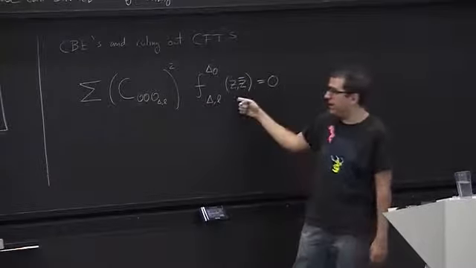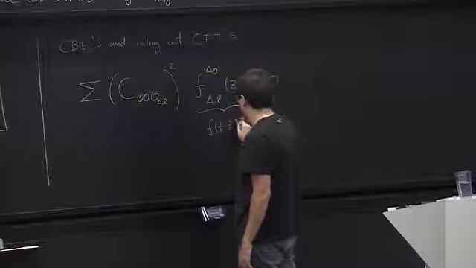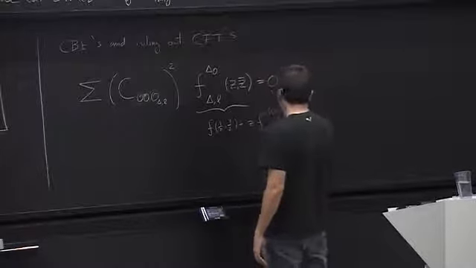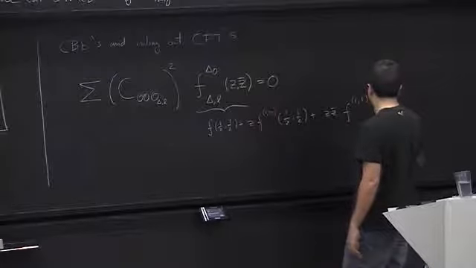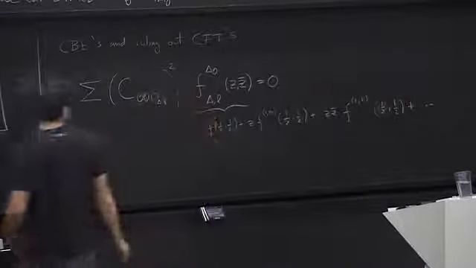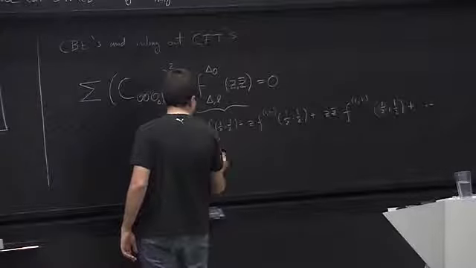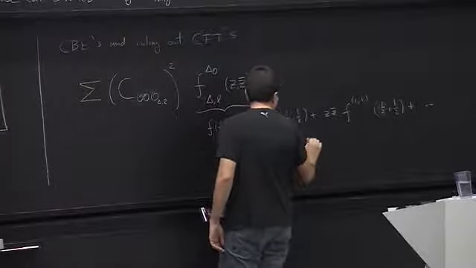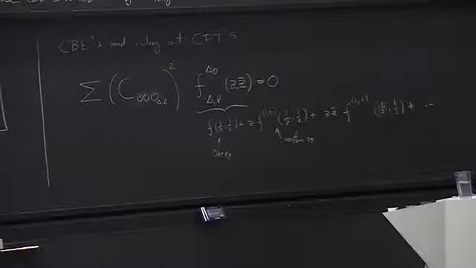You just Taylor expand this guy, and you write this guy as some function at 1/2, 1/2, plus z times the first derivative at 1/2, 1/2, plus z bar times the derivative at 1/2, 1/2, plus etc. And when you plug these guys here and you collect in powers of z, you get one equation from this guy. So this gives one equation, another equation, etc. Is it clear? So just the coefficient of each power of z bar gives a different equation.